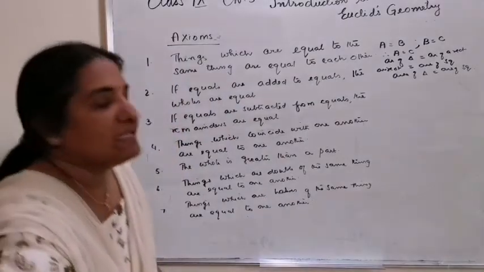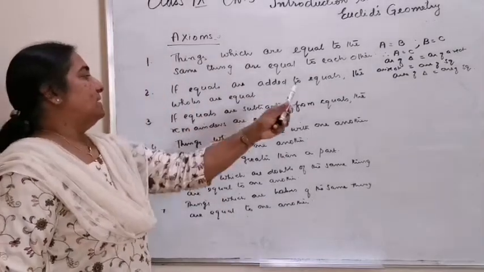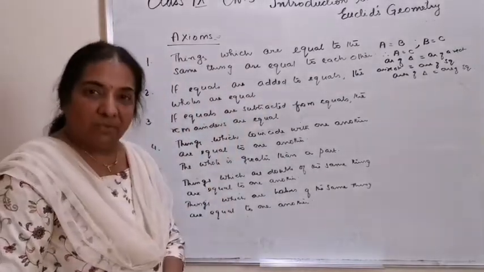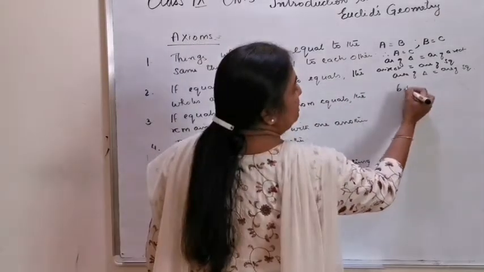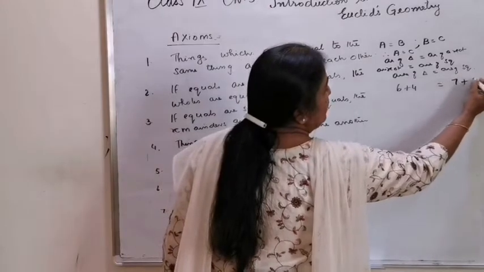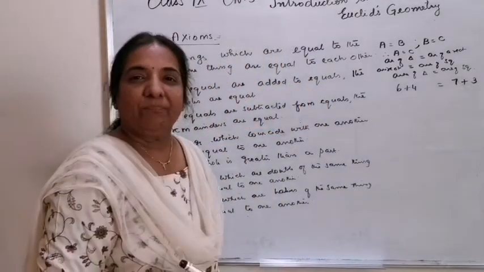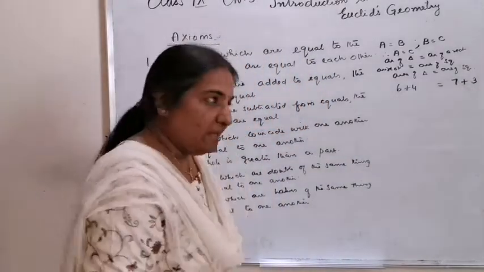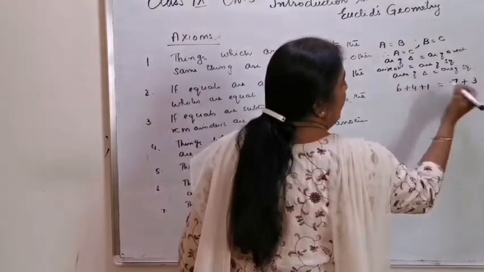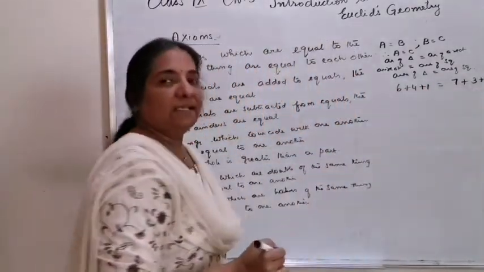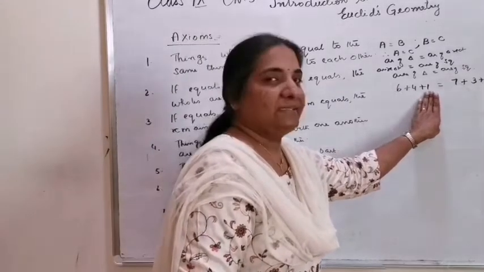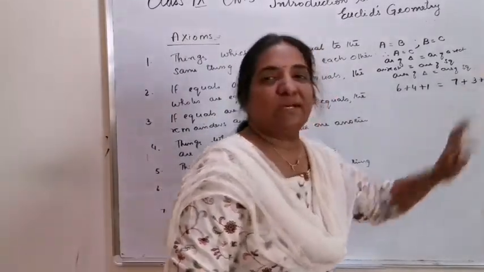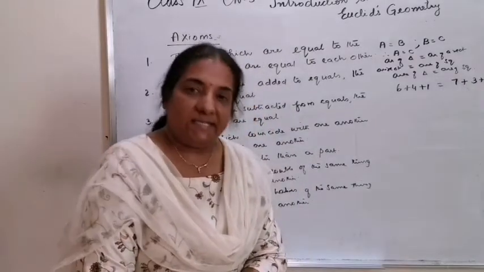If equals are added to equals, the wholes are equal. The same way, 6 plus 4 and 7 plus 3 are equal. As we said now, if 1 is added to both sides, again the whole of 6 plus 4 plus 1 is 11, and 7 plus 3 plus 1 is 11, so equality is not getting disturbed.